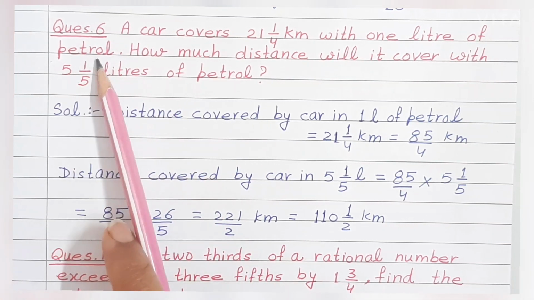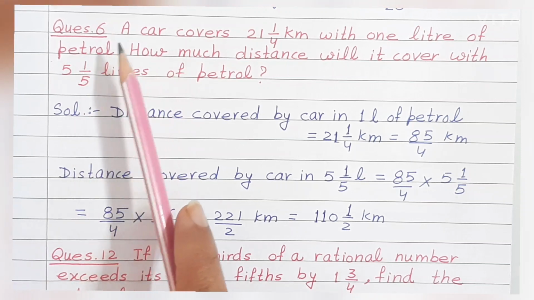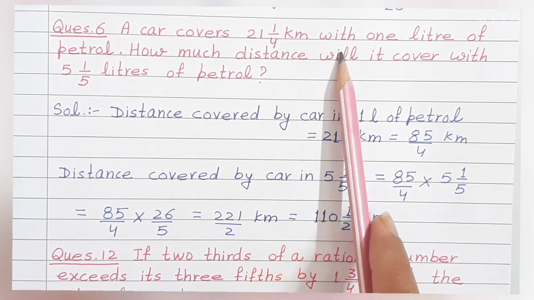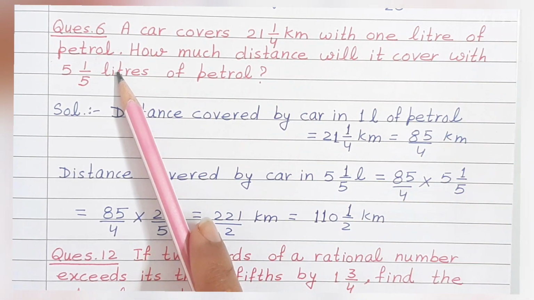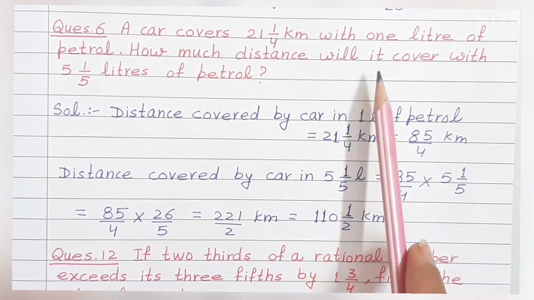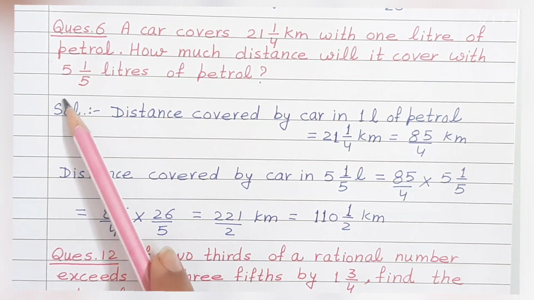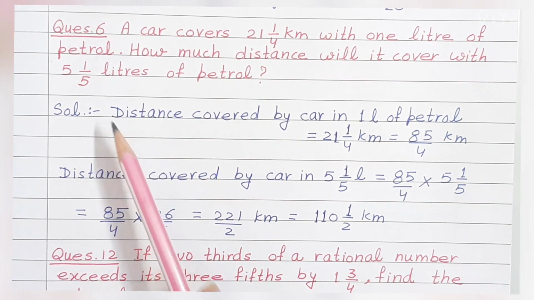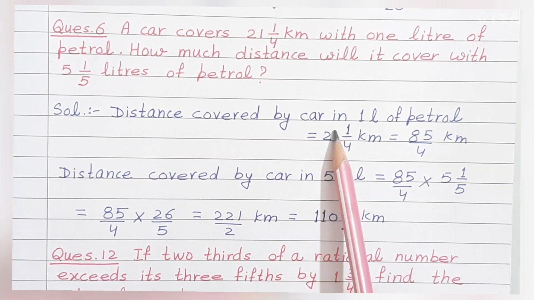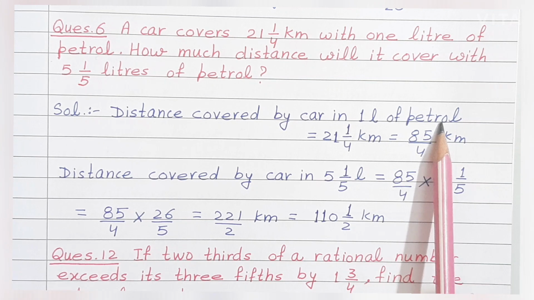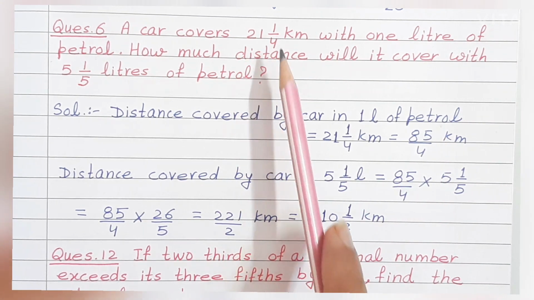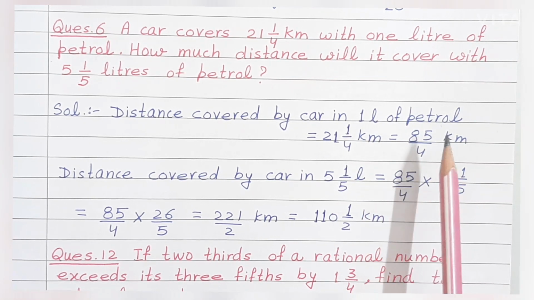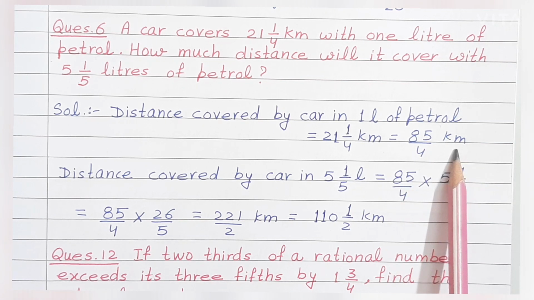Now see question number 6 of your exercise 1D. A car covers 21 1/4 kilometer with 1 liter of petrol. How much distance will it cover with 5 1/5 liter of petrol? So here the solution is distance covered by car in 1 liter of petrol is already given, that is 21 1/4 kilometer, or we can say 85/4 kilometer.